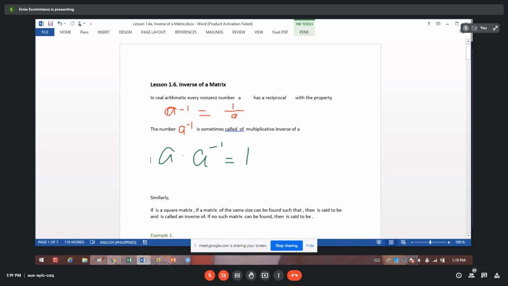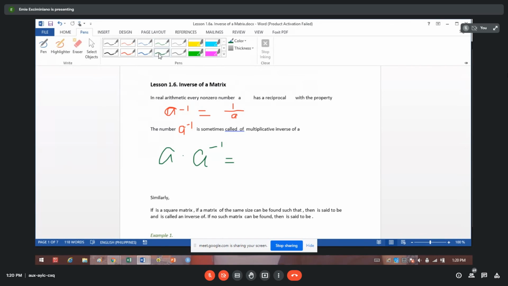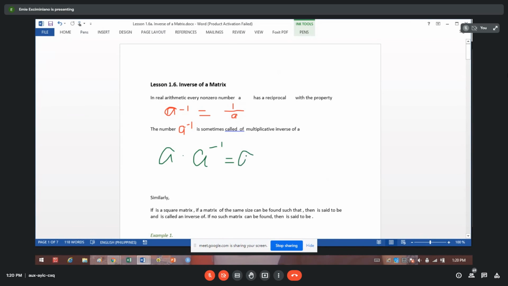Or, this is also equivalent to, pwede rin siyang A raised to negative 1 times A, you'll get 1.